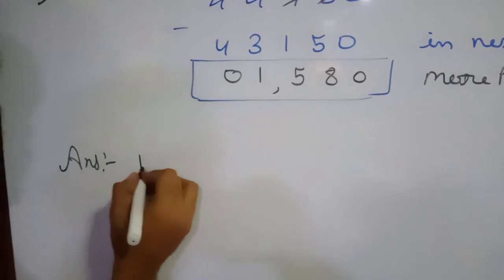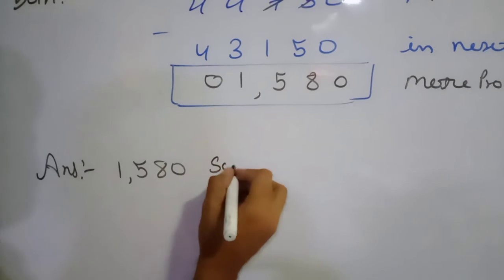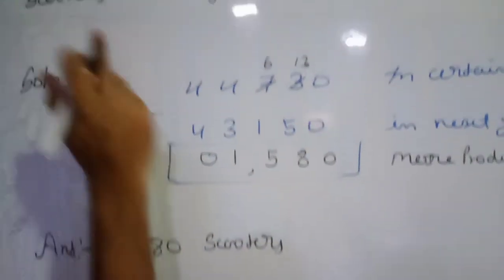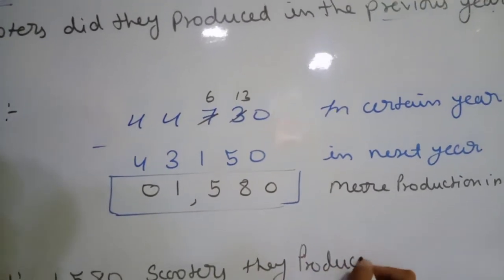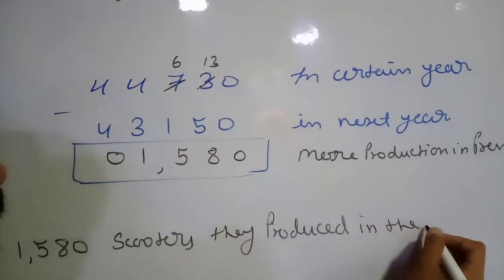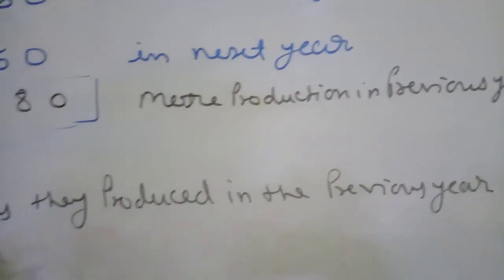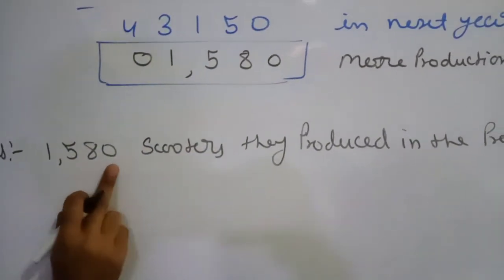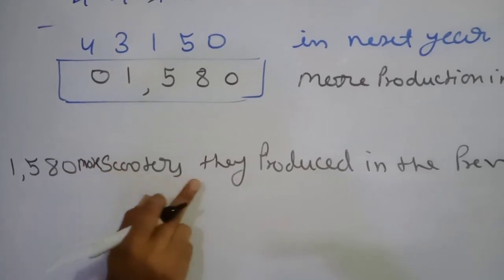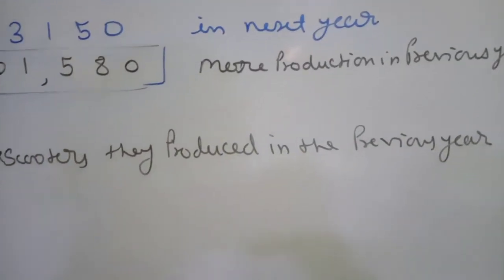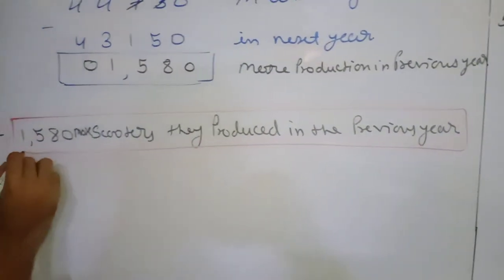That is 1,580 scooters they produced in the previous year. 1,580 more scooters they produced in the previous year. So this is our answer. We have to highlight it.